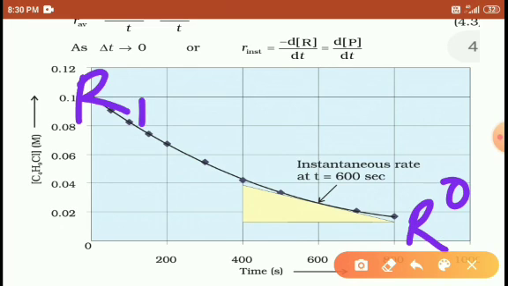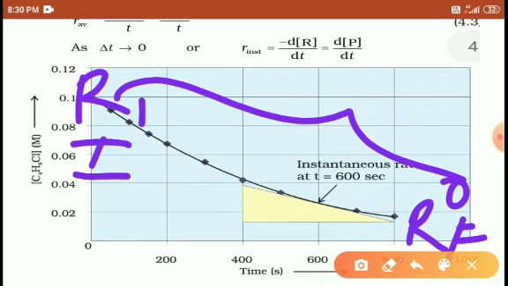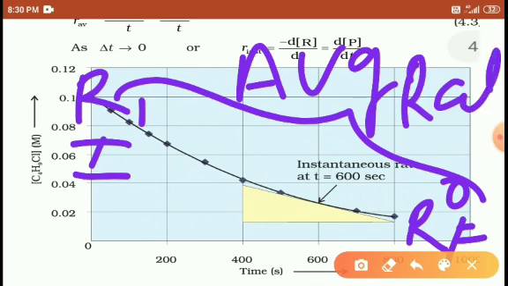Whatever the time from the initial point to the final point, we consider it the average rate. If you want to calculate the rate of the reactant at one point, that is the instantaneous rate.